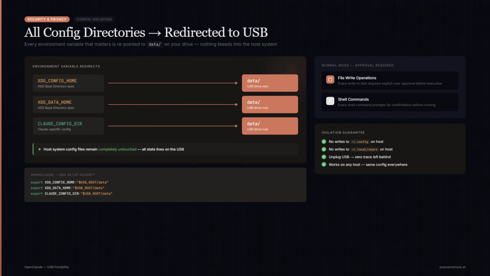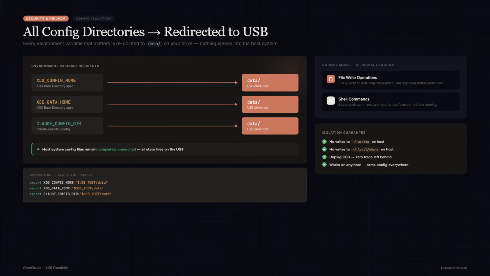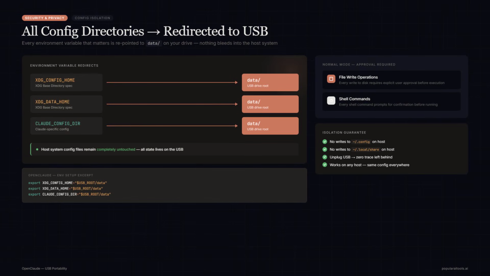On the security side, OpenClaude redirects all the standard config directories to the data folder on your drive. XDG config, XDG data, Claude config directory, all pointed at the USB. Normal mode asks before every file write or shell command. You approve everything.